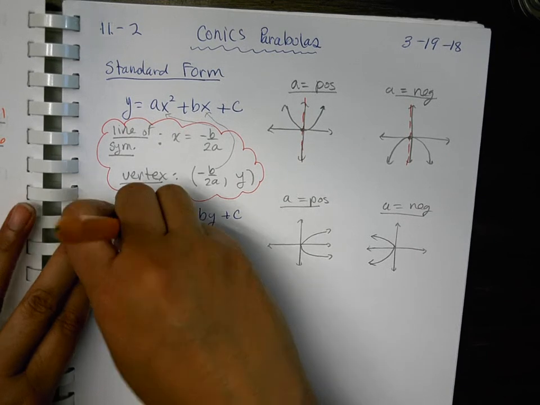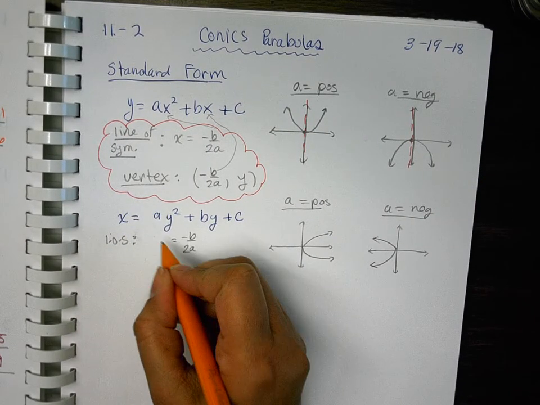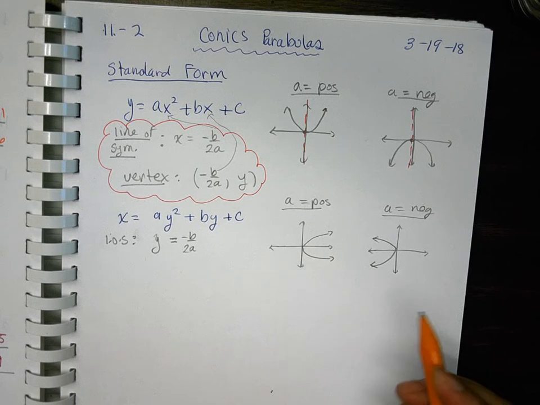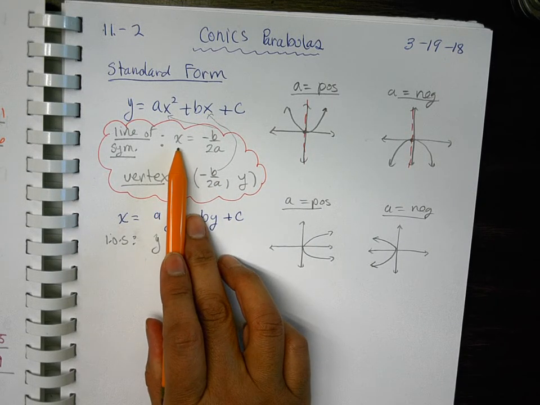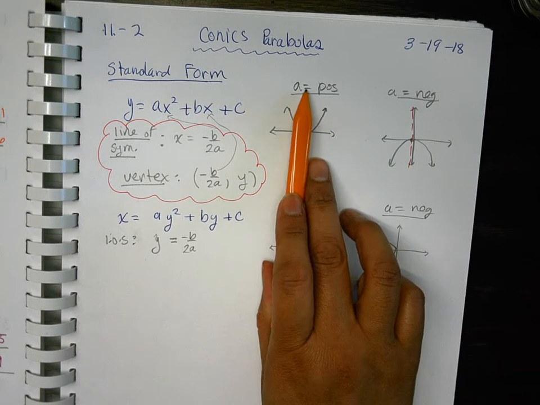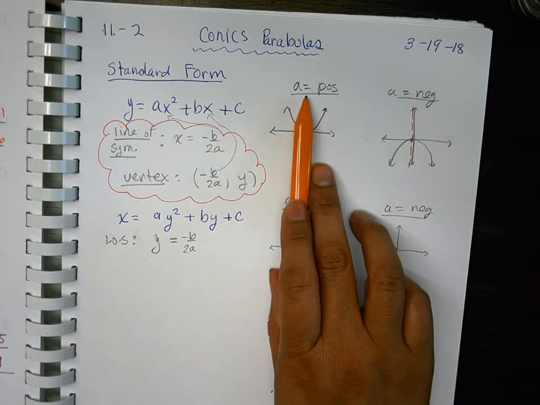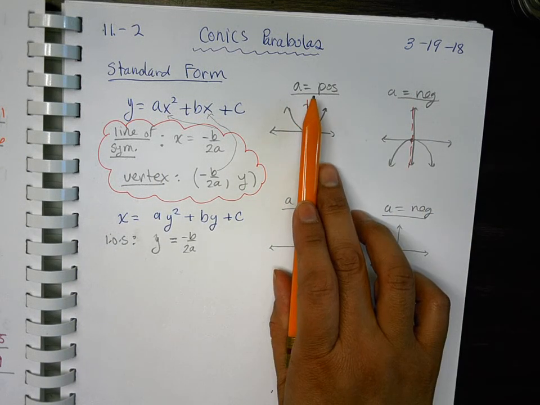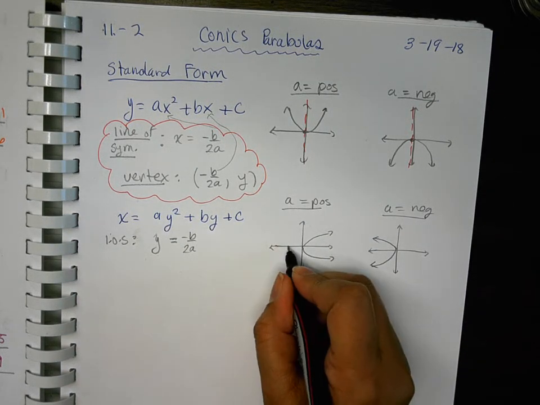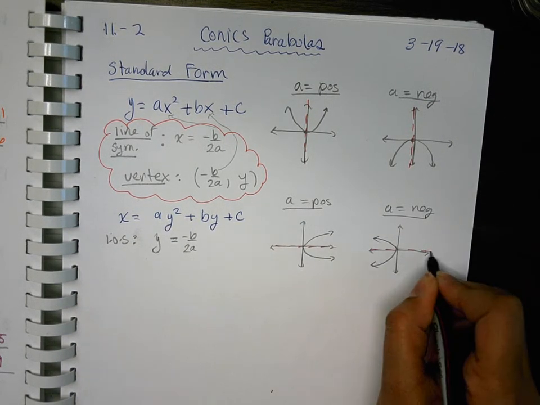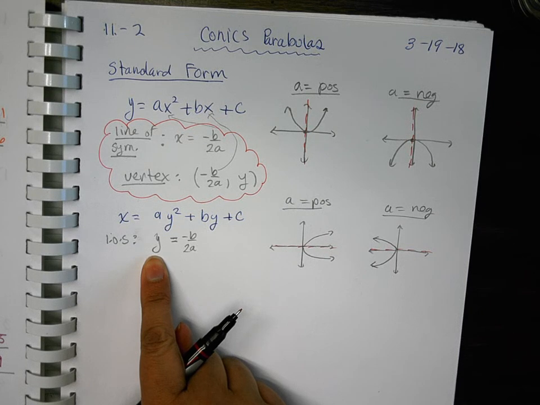And the reason is, x equals are what kind of lines? Vertical or horizontal? And do you agree if the parabola is opening up or down, your LOS is always going to be a vertical line? And if your parabola is opening sideways, your line of symmetry will always be a horizontal line, which is y equals. Does that make sense?